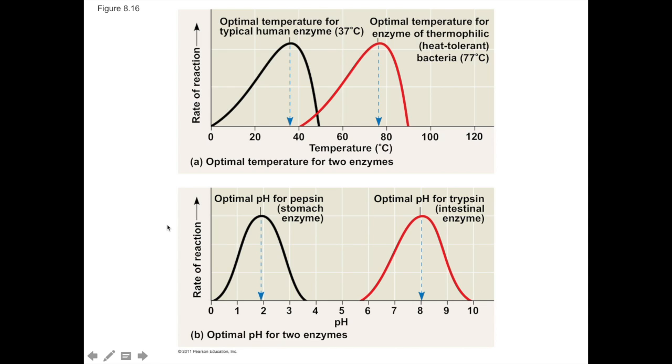Our stomachs are very, very low pH, very strongly acidic. Now, there are enzymes in our stomach, like, for example, pepsin is an enzyme that is in our stomach that helps break down peptide bonds, breaks up proteins. And it is optimized to work in the very low pH of our stomach.